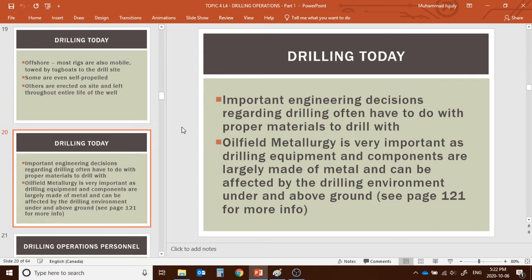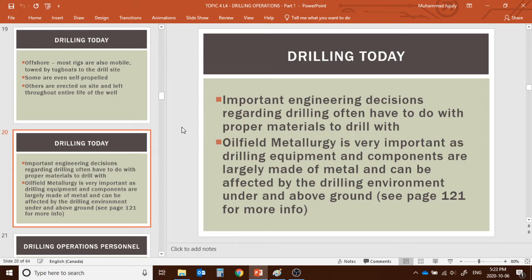Based on that information, we have to select what types of metals, what types of drill bit, we use. If there's a lot of igneous rock presence, you cannot just use a cast iron made drill bit. You need to use a stronger one. So this oil field metallurgy is very important.